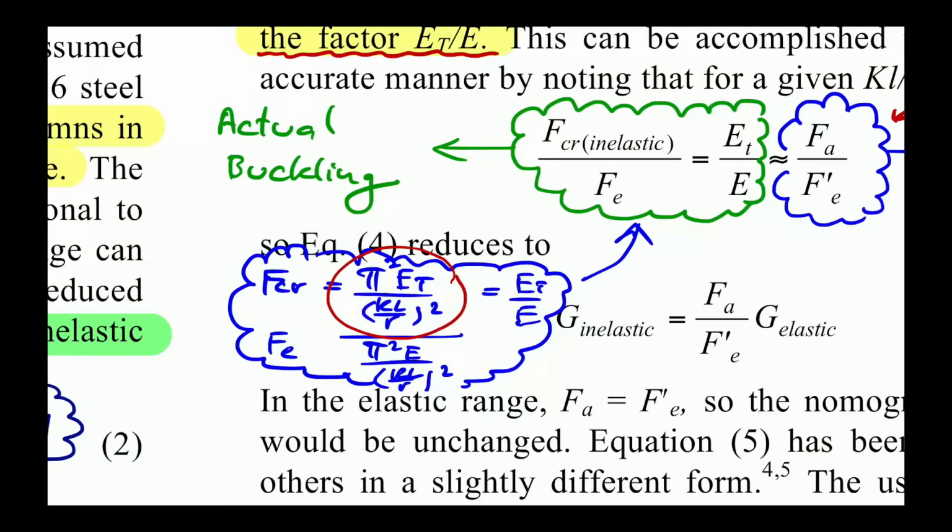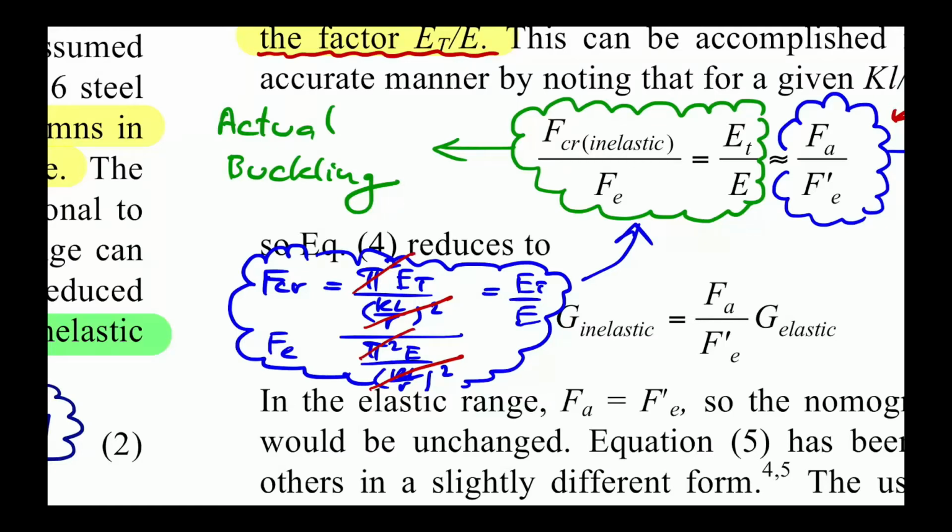Alright, so you have the reduced modulus, the tangent modulus, and then divided by the elastic buckling stress, which is the F subscript E, given in terms of the elastic modulus, the initial slope, okay, pi squared E over KL over r squared. The KL over r squared will not change even though your column turns into the inelastic region.